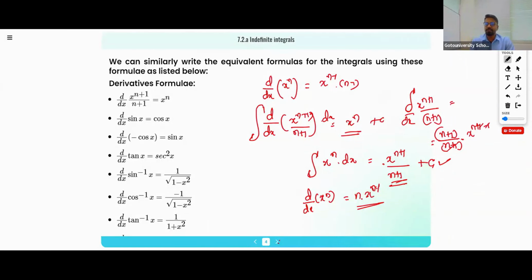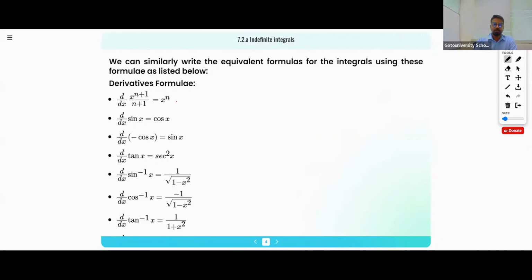So the 1 cancels, n plus 1 cancels. Yes, definitely we are getting that. That means our integration process is correct. So just remember this formula then: the integration of x power n with respect to variable x is x power n plus 1 divided by n plus 1.